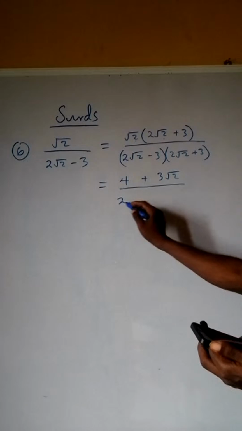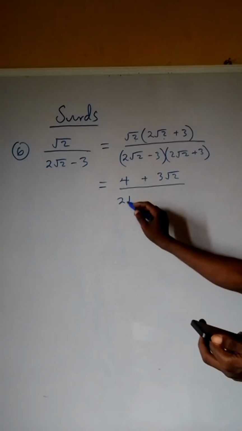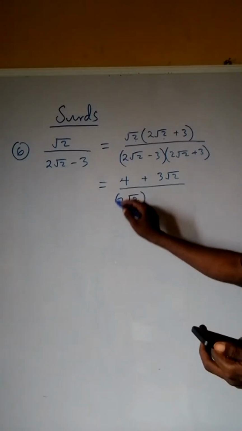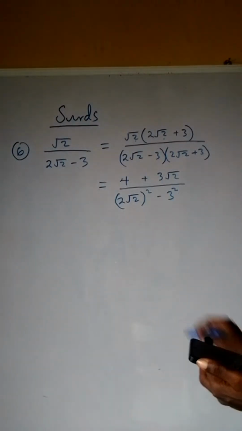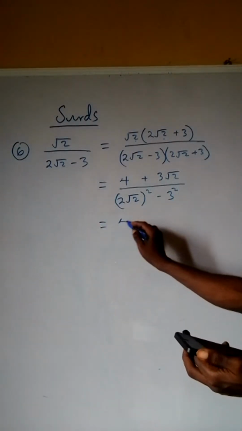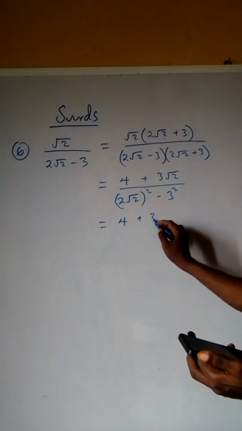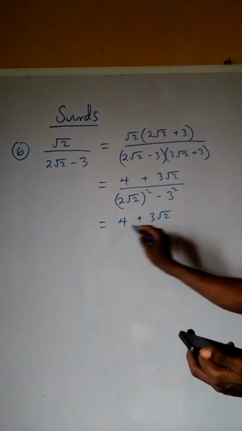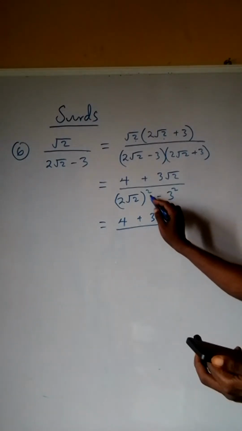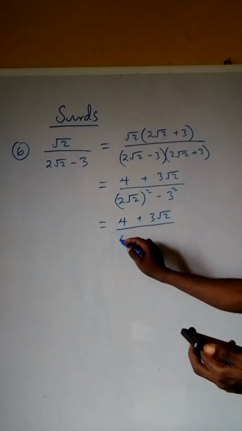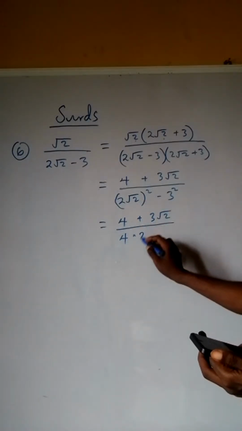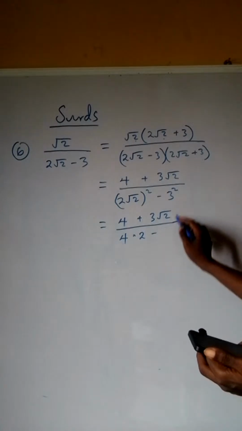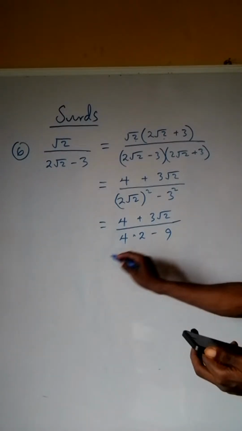We can write it as 2 root 2 all squared minus 3 squared. So here we have 4 plus 3 root 2 divided by, the square here affects 2. 2 squared is 4, times also root 2 squared is 2, minus 3 squared is 9.